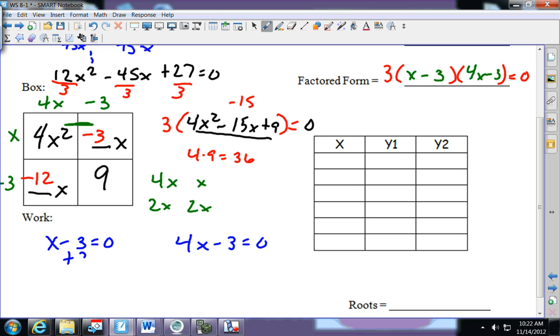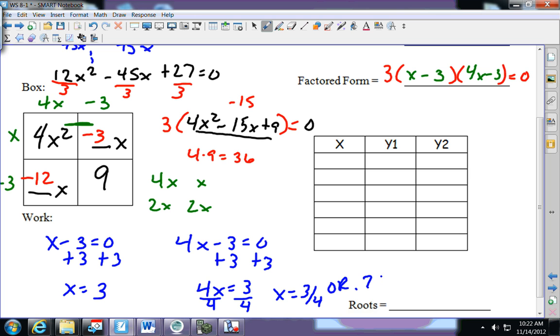I'm going to add 3 to each side. X equals 3. Add 3 to each side. 4x equals 3. And divide by 4. I get x equals 3/4, or you can write it as 0.75. So I have 3 and I have 3/4.